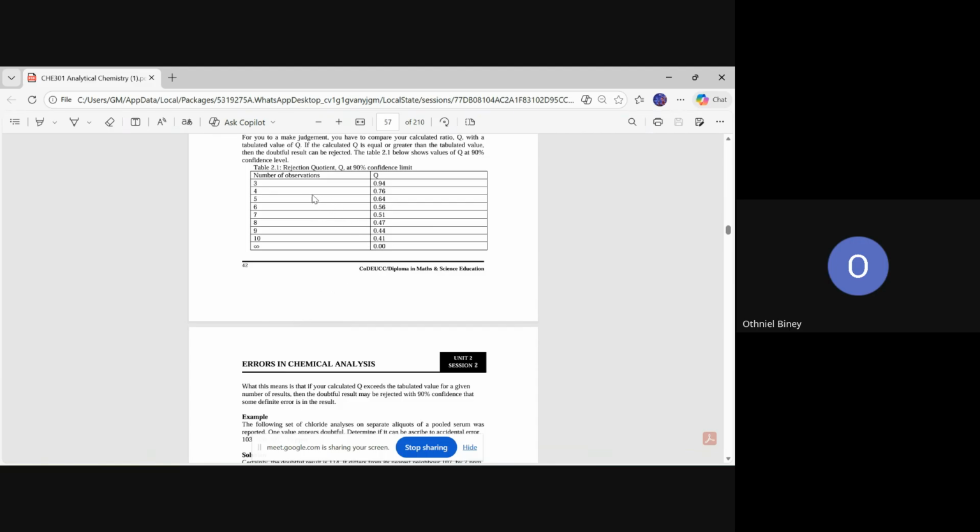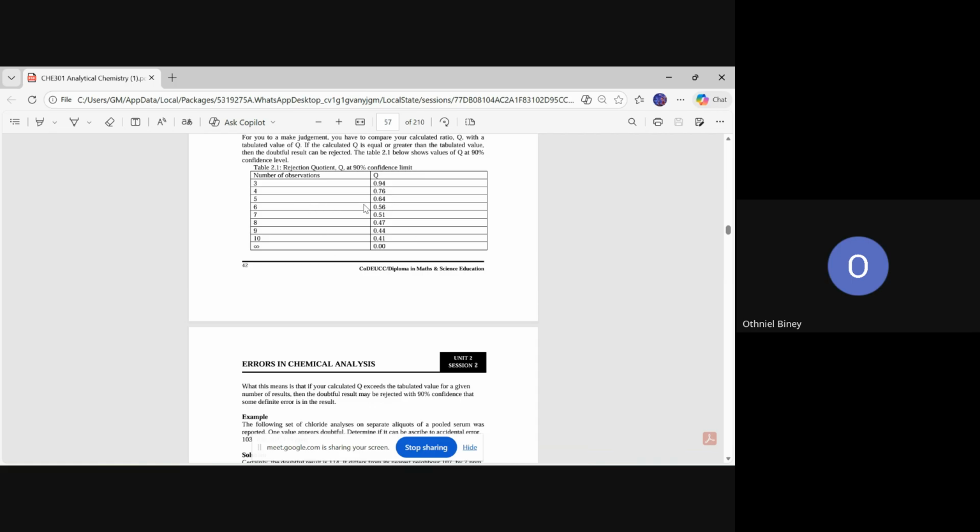So basically, this is the table. Depending on how many times you did the experiment, that is the number of observations, how many values you got: if you got 3, this would be the corresponding Q value; if you had 4 observations, this is the corresponding Q value; if you had 5, the corresponding Q value.